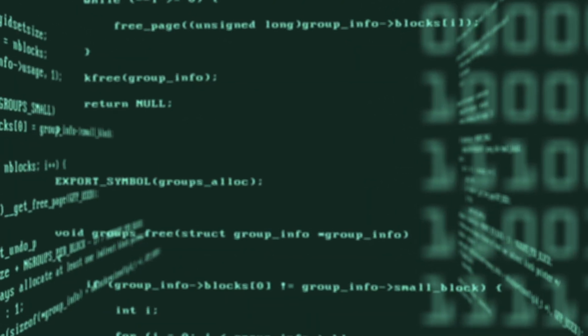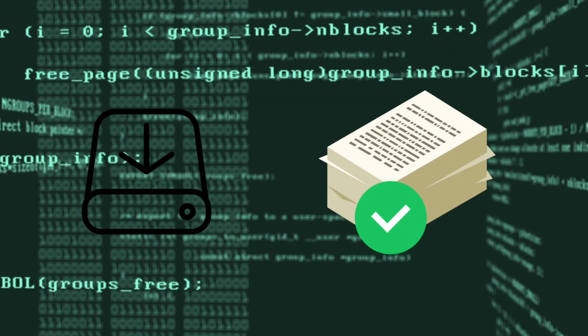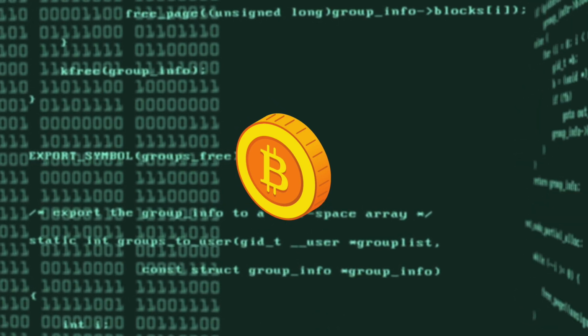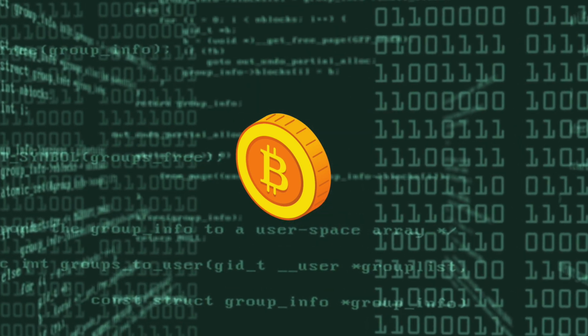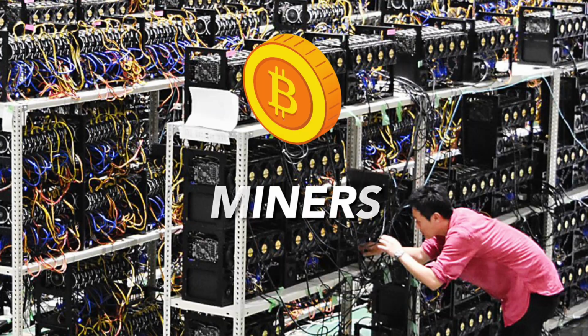Well, when you, or more precisely your computer, successfully validates all the transactions and creates a new block, you are rewarded with Bitcoin. This is how Bitcoin is created. So Bitcoin is the incentive to store the data and validate all these transactions. And those who are involved in this task are called miners because they are mining or creating new Bitcoin.